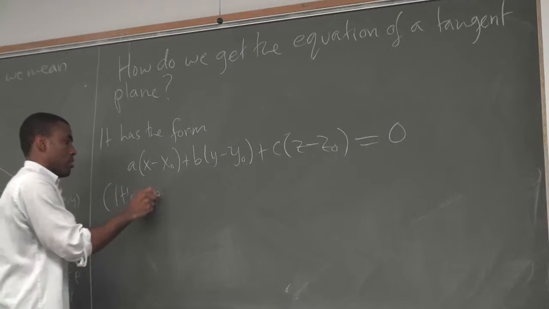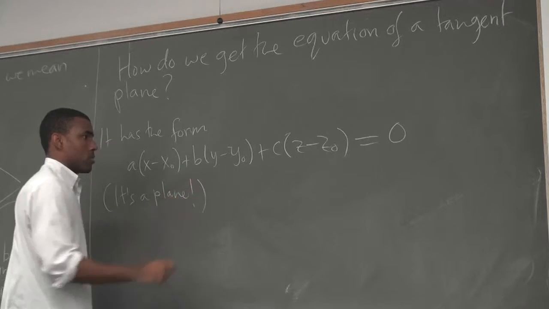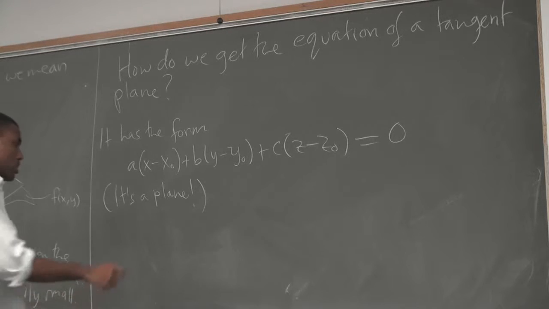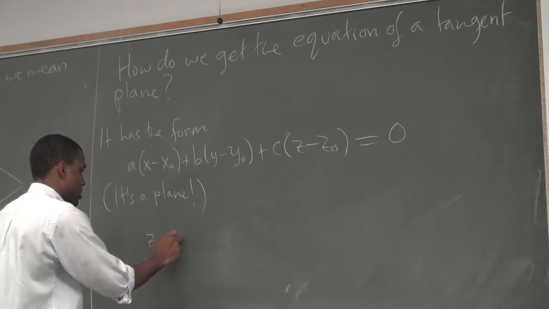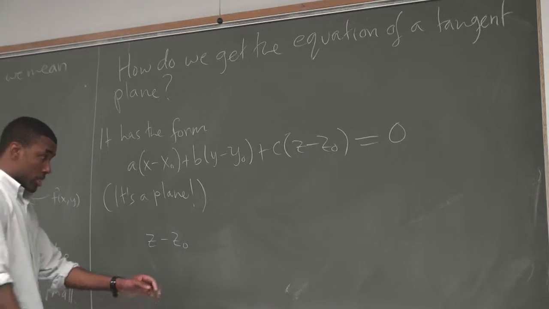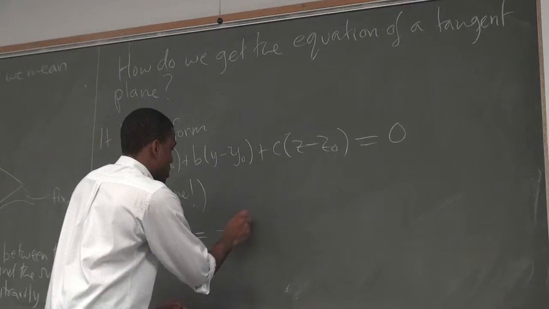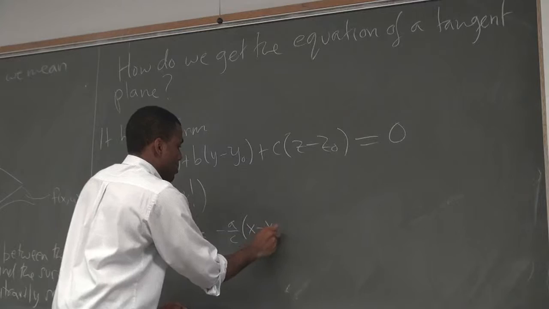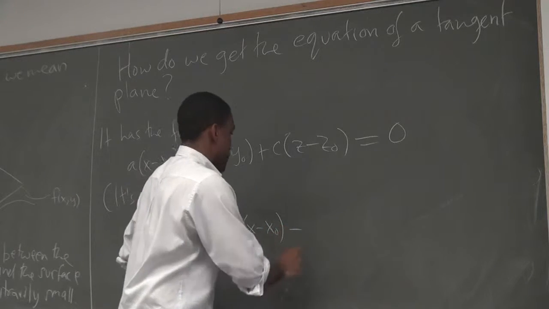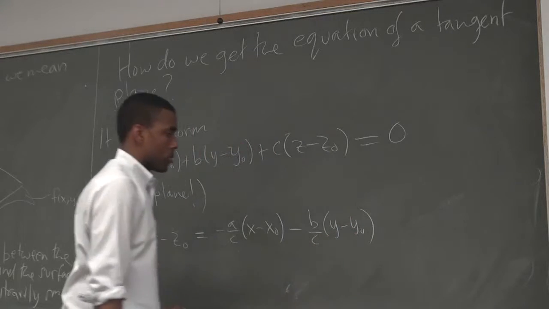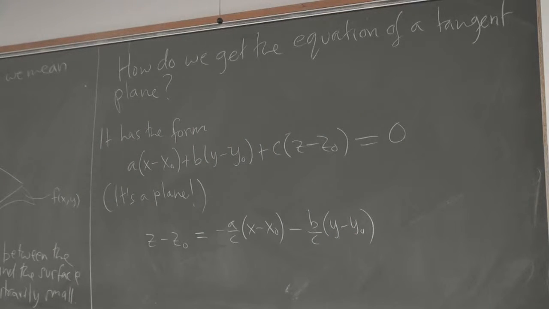Because it's a plane. Now we can actually solve for this in a weird way. We can solve for z minus z0, assuming c is not 0. And we'd have minus a over c times (x - x0) minus b over c times (y - y0). Okay? So you can have that, right?